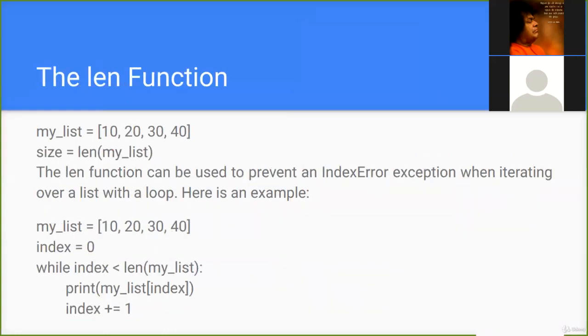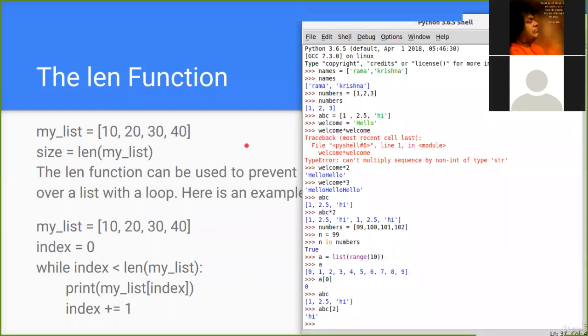to the len function. Now I can use the len function to know the size of my list. Why is this important? What would happen if I try to access ABC of 3?